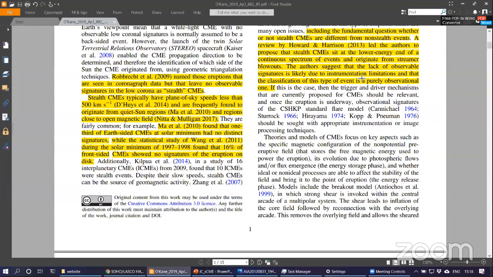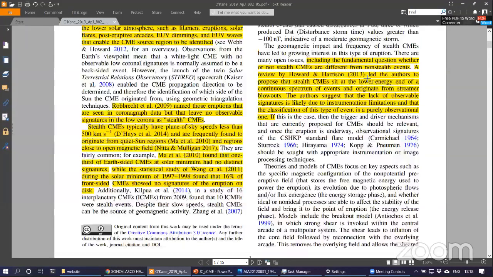I just had a brief overview, but not much idea about these particular phenomena. But in this review also they have emphasized that maybe it's just the lower energy end of the CMEs. Okay, thank you.